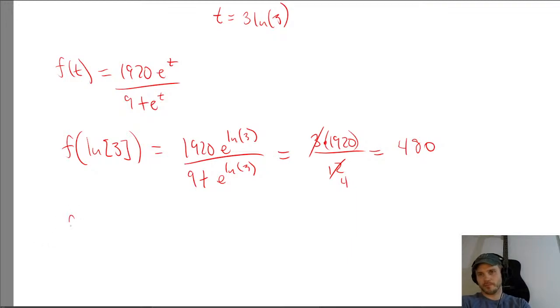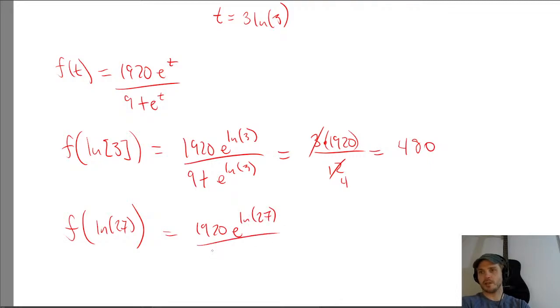Then we'll do f of 3 log 3. And actually, I'm not going to write that as 3 log 3. I'm going to put that back in as log of 27, because it'll cancel out fine. So this is 1920 e to the log of 27 over 9 plus e to the log of 27.